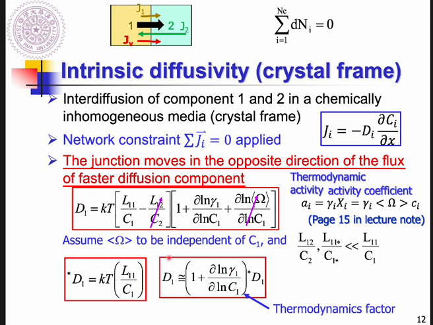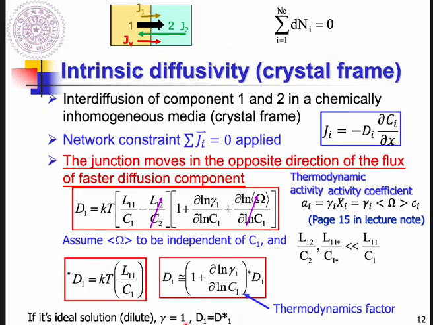So I can do this further, I can make a further simplification based on these results. As we learned, if the mixing is an ideal solution, which means a dilute solution, then gamma 1 will be equal to 1, and it has nothing to do with concentration. So under these special conditions, D1, which is the intrinsic diffusivity, will be equal to the self-diffusivity.